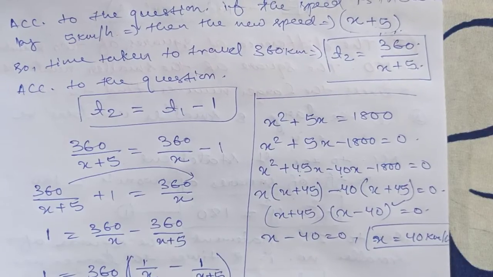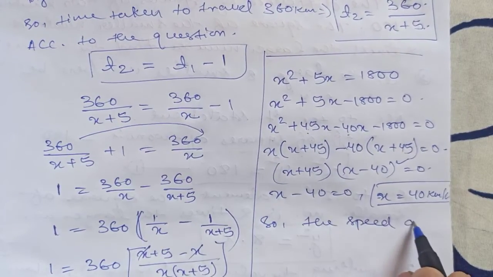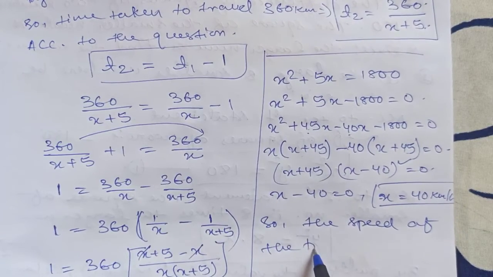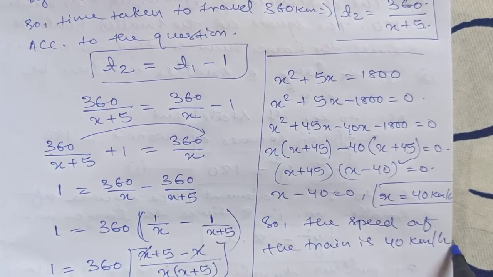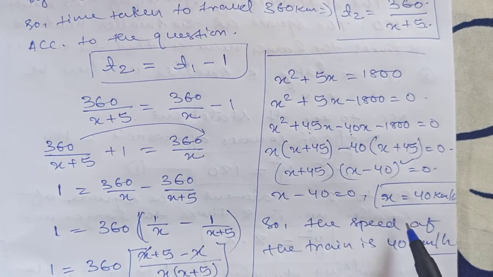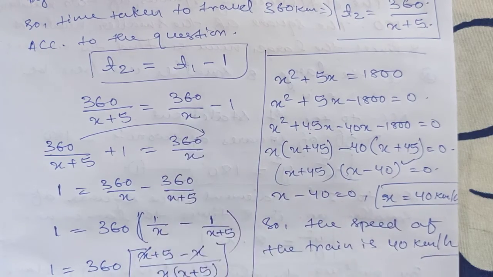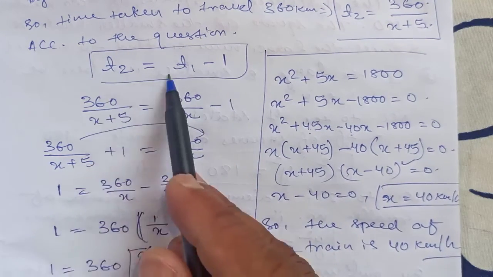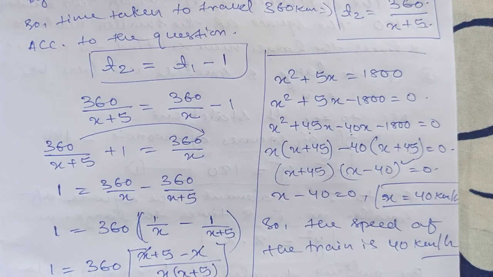So the speed of the train is 40 km per hour. With this speed the train is covering the distance of 360 km. By relating the time from both situations, you can easily find the answer. Okay, next question.